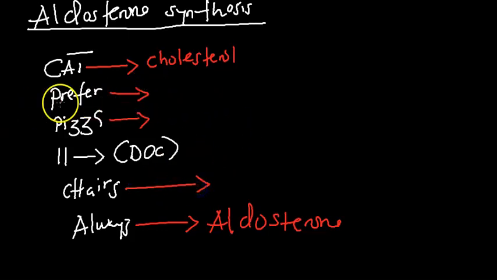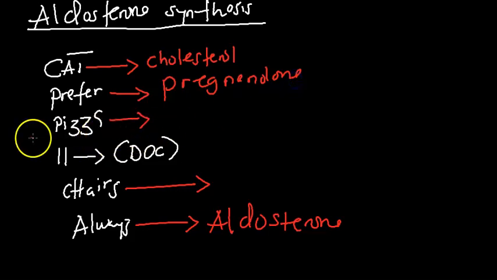And here we have our P. We have 2P, which is prefer and pizza. So this first one is going to be pregnenolone.